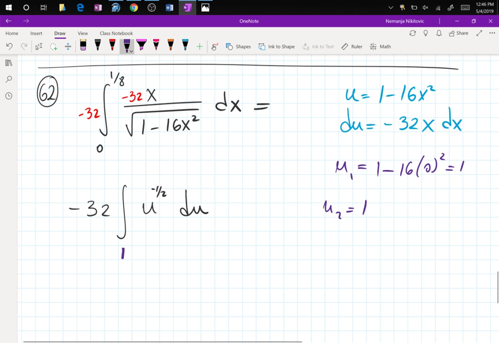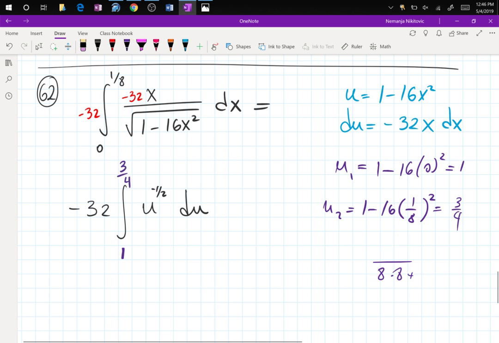And u2 is 1 minus 16 times 1 over 8 squared. So 1 over 8, that's a 16. So I have a 16 divided by 8 times 8. So that cancels into a 2, that cancels into a 4, so 3/4.